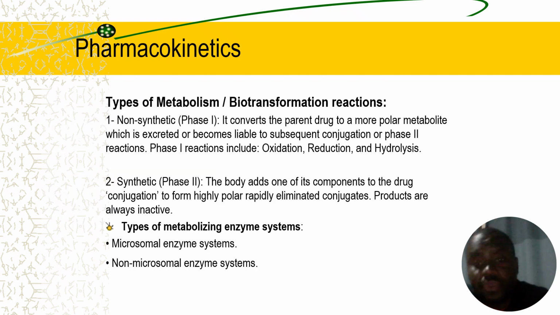It is also important to realize that after you've learned this part of pharmacokinetics, you need to be able to describe the different types of drug metabolic reactions that take place in the body. So the types of metabolism or biotransformation reactions that occur are the non-synthetic and synthetic ones. Non-synthetic, because mostly these are oxidation, reduction, hydrolysis kinds of reactions.